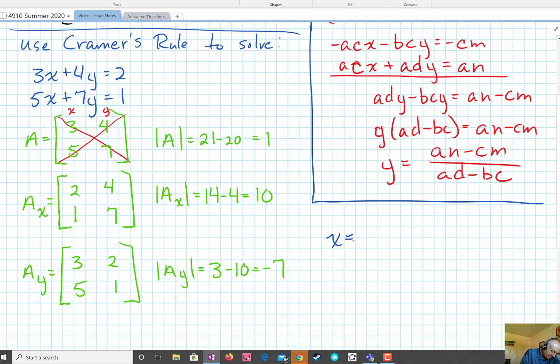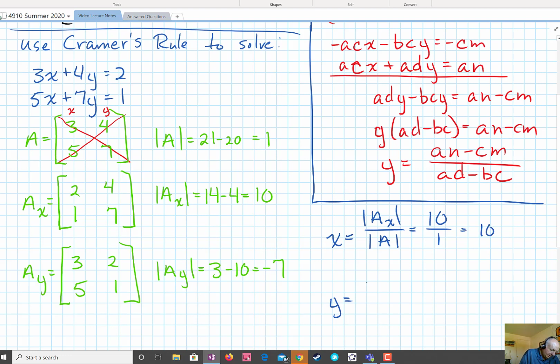We need an x and we need a y. The x part of the solution is the determinant of A sub x over the determinant of A. In this case, it's 10 over 1, or 10.